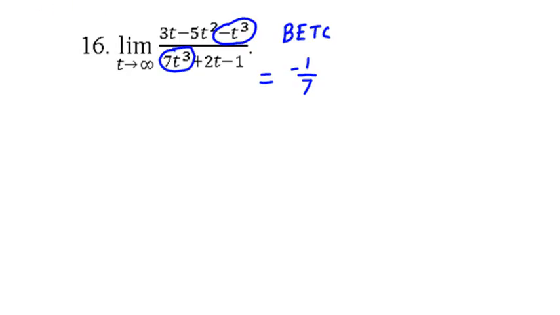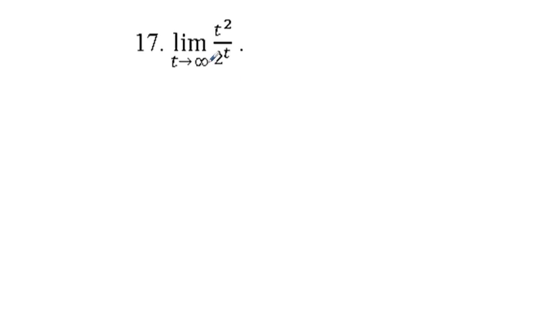Next, we have the limit as t approaches infinity of t squared over 2 to the power of t. Well, there's a hierarchy of different types of functions: a log function is going to be less than a polynomial function, which is going to be less than an exponential function.